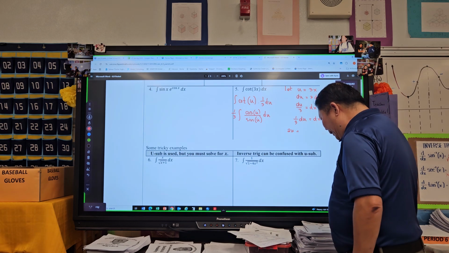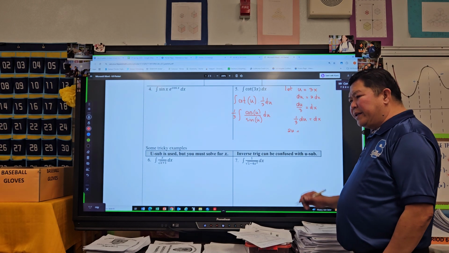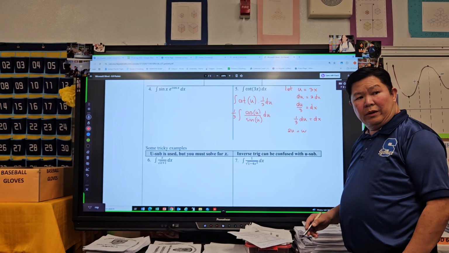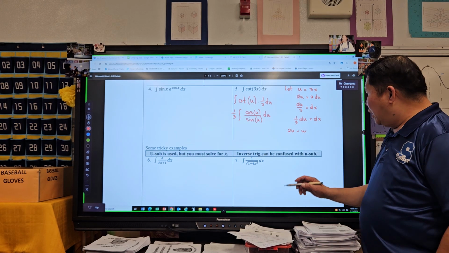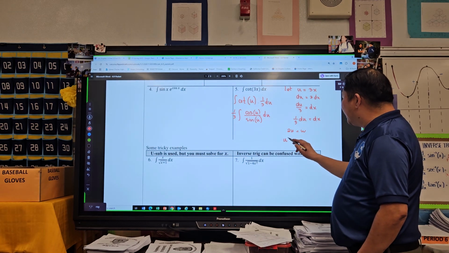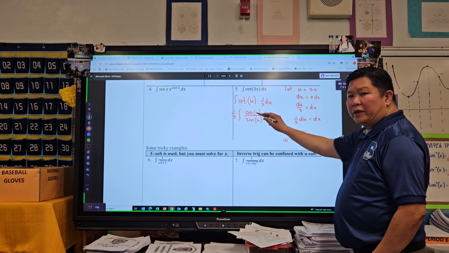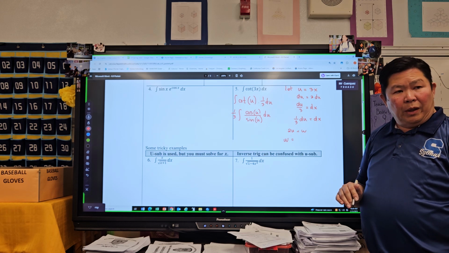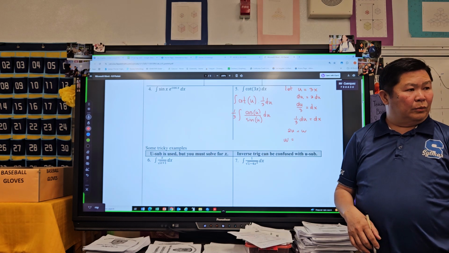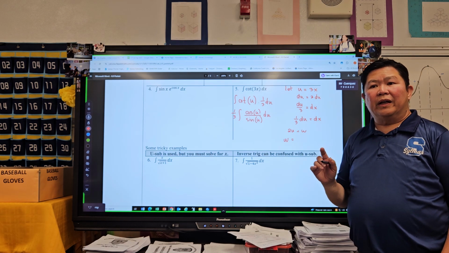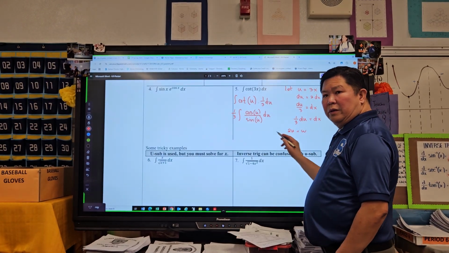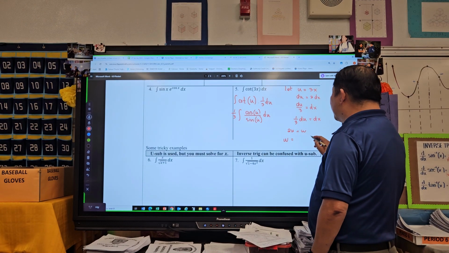Now we are taking the second derivative, which is w. As I said a while ago, if you choose the top, which is cosine, nothing cancels out. But if we choose the bottom, which is sine, something cancels out. Okay, so we let w as sine u.